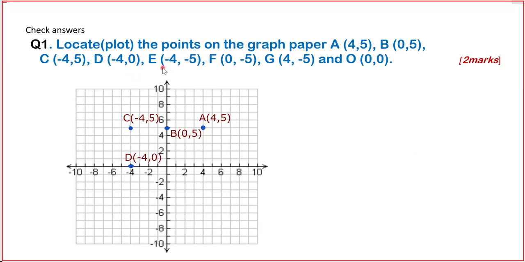Now point E, both are negative. The x coordinate is negative and the y coordinate is also negative. So this point will lie in the third quadrant. X is minus 4 and y is minus 5, which means this point will be this.